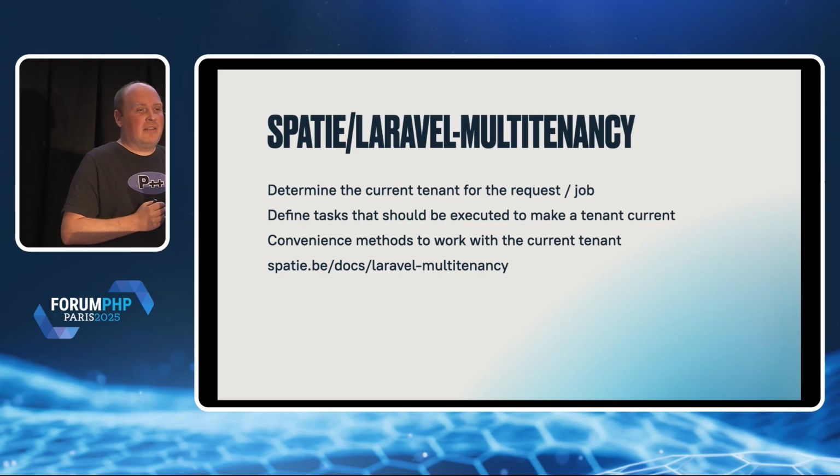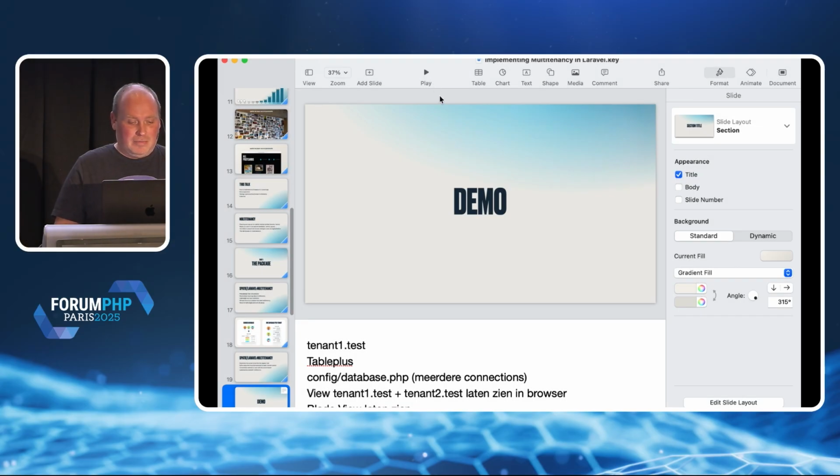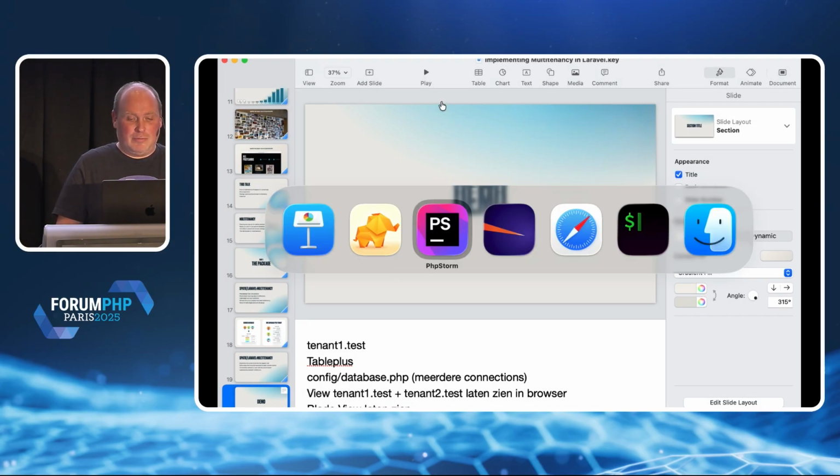Then you can define a task that just changes the config dynamically, so the Laravel app knows I'm going to use that cache. It also has convenience methods to work with the current tenant, and everything that I'm going to say is documented as well. So I can talk a lot about this, but I usually prefer just showing things. So let me show you the demo here.